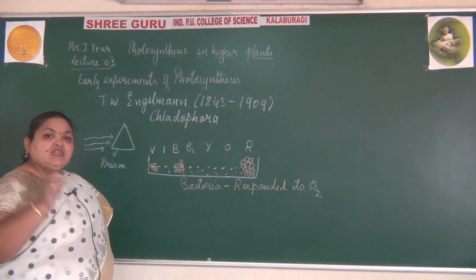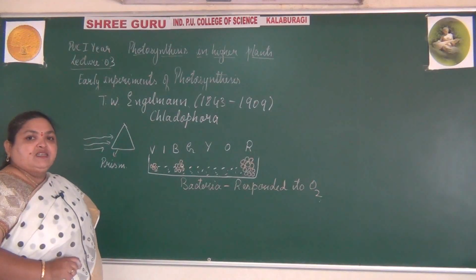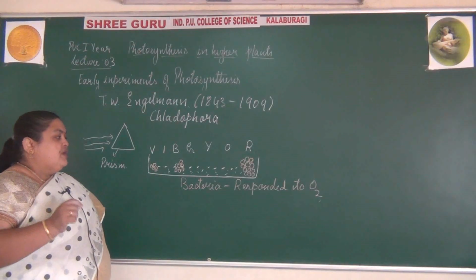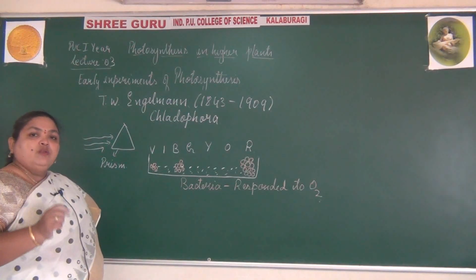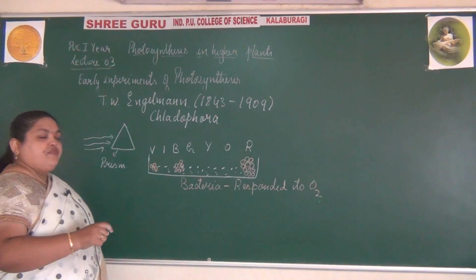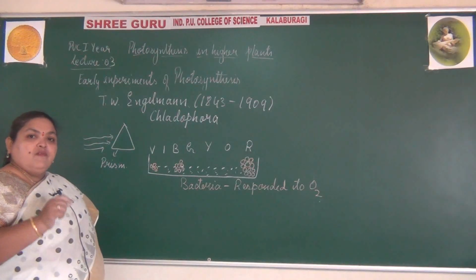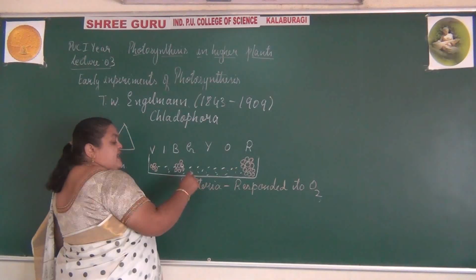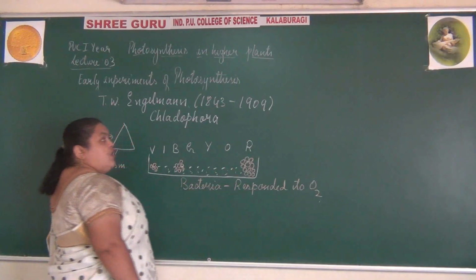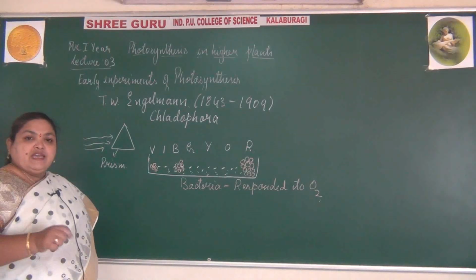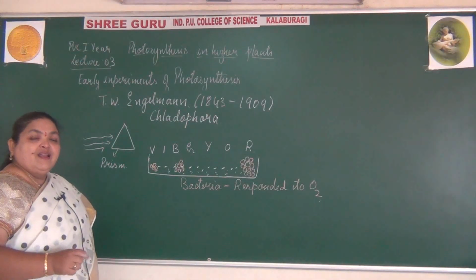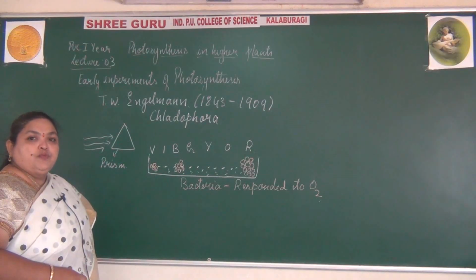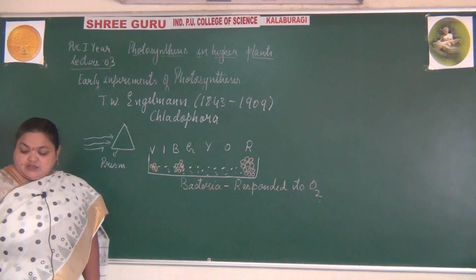So here with his experiment he proved that even the algae, or the bacteria that were grown in the trough region or in the source of light, the Cladophora emitted the oxygen and the bacteria responded to the oxygen. So this experiment implies that the red light is maximally used for the process of photosynthesis.